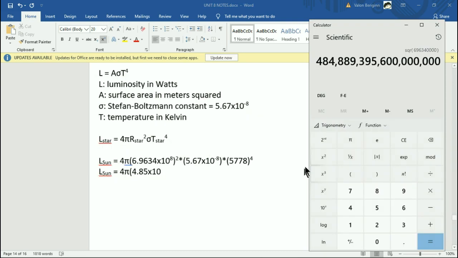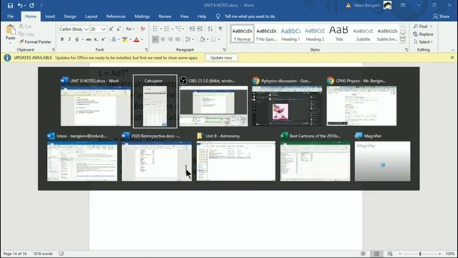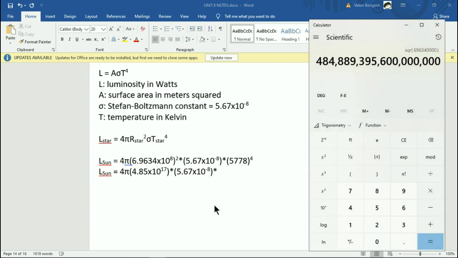That's going to be to the 17? 3, 6, 9, 12, 17, yep. 10 to the 17 times 5.67 times 10 to the negative 8 times 5778 to the fourth.